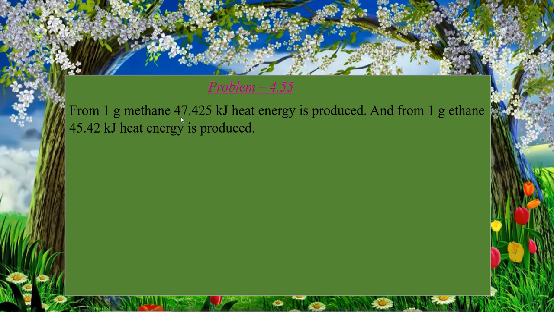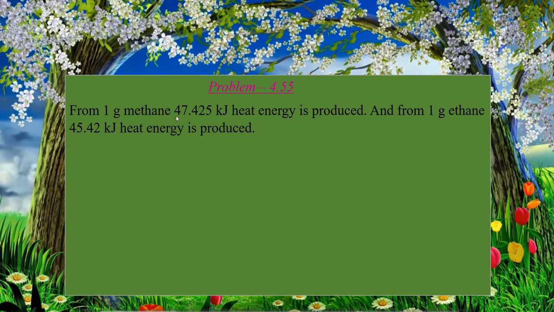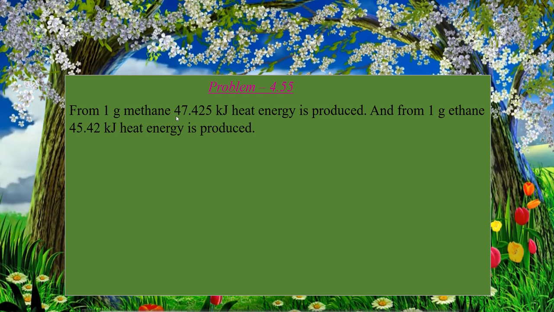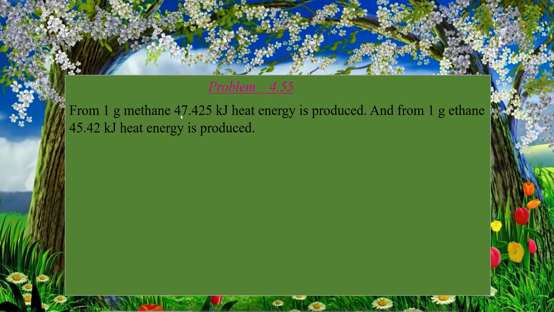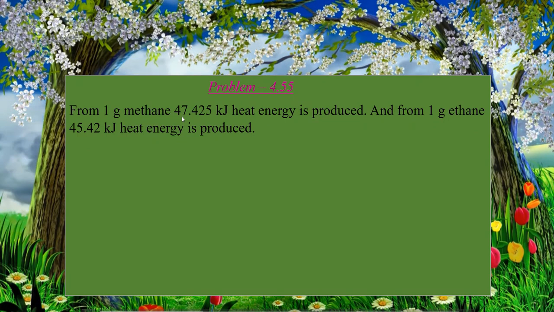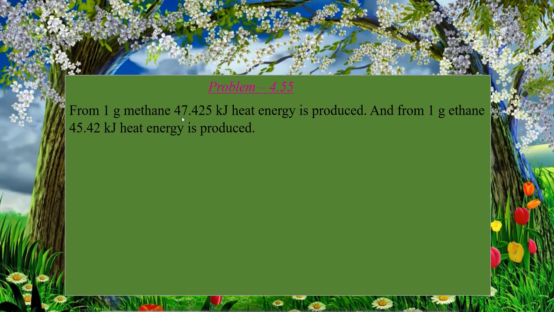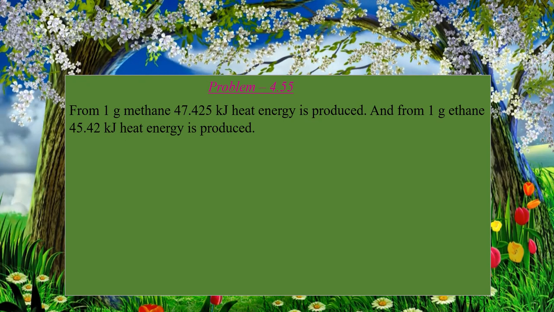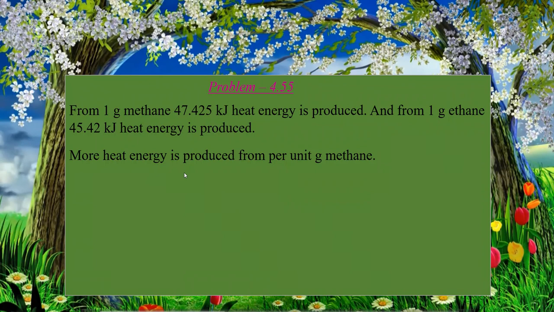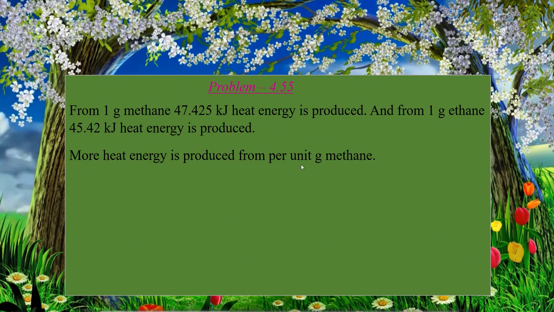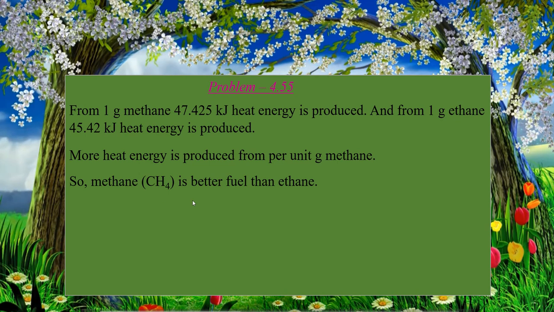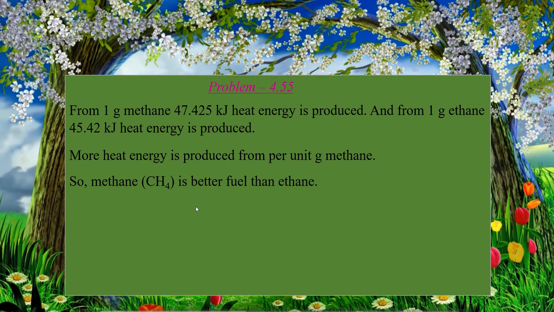That means we have omitted the minus sign because you know the energy that is produced will be an exothermic process. So minus sign was there, but minus sign means this amount of heat energy is produced. If there were a plus sign, then it will not be produced, it will be absorbed. So more heat energy is produced from per unit gram methane. So we can tell methane is a better fuel than ethane.